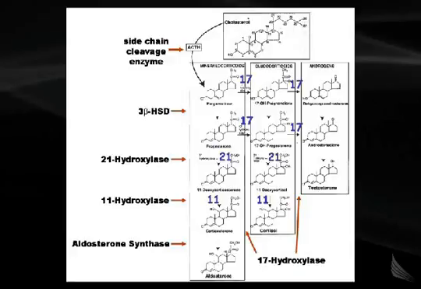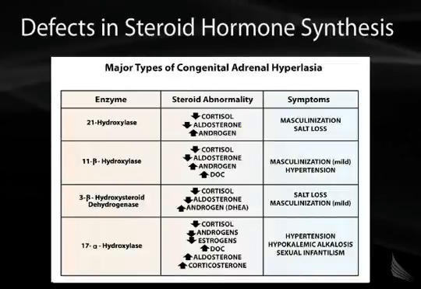But the other enzymes that I've listed are also important: 11-hydroxylase, 3-beta-HSD, and 17-alpha-hydroxylase. The defects are usually preceded by the accumulation of the substrate and a decrease in the products. This is summarized for you in the next slide, showing in the table.